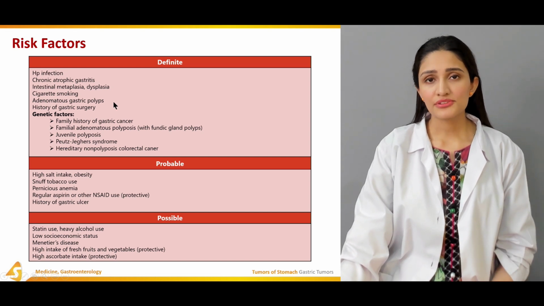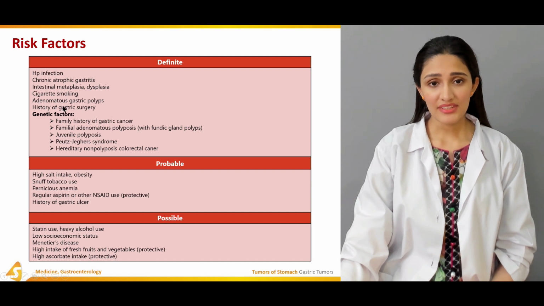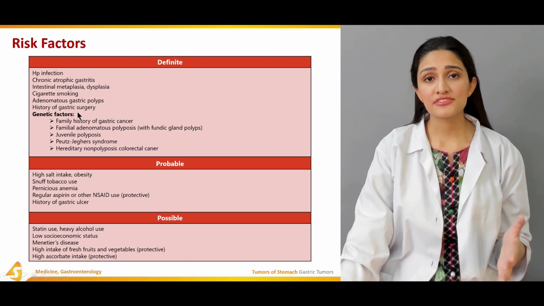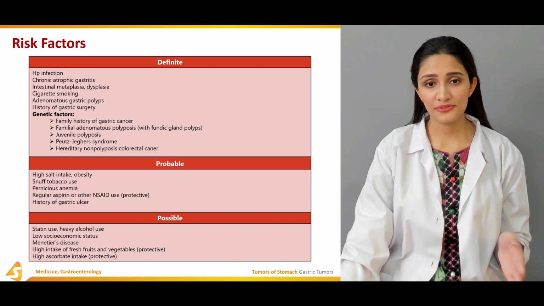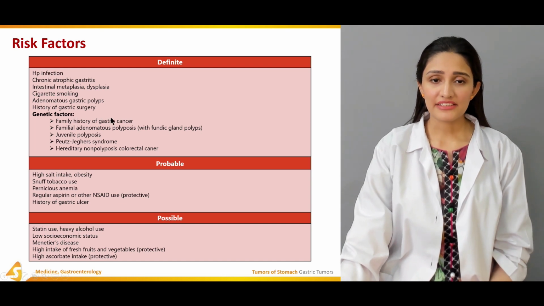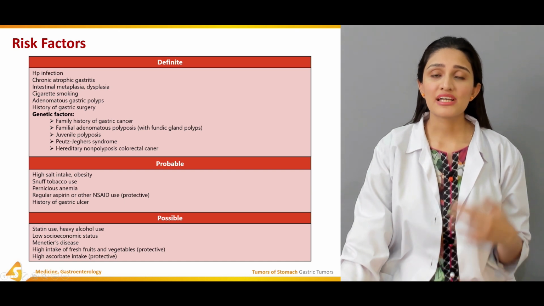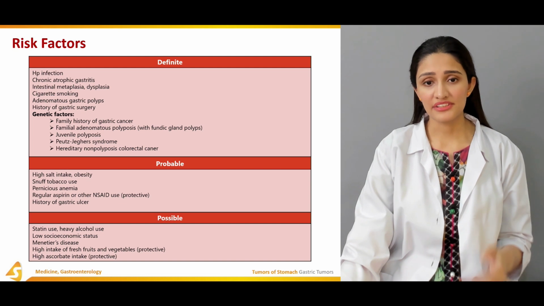Cigarette smoking is also one of the major risk factors. Then adenomatous gastric polyps, and any history of gastric surgery, for example, the surgery of Billroth 2. Then genetic factors such as family history of gastric cancer are very important, for example, in a first-degree relative, such as the father or the brother.